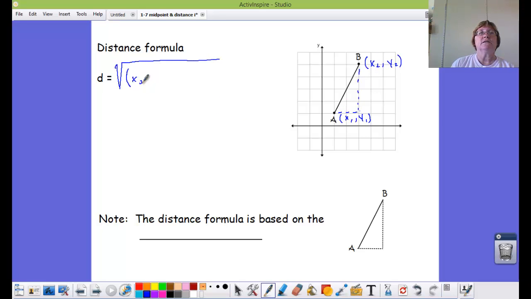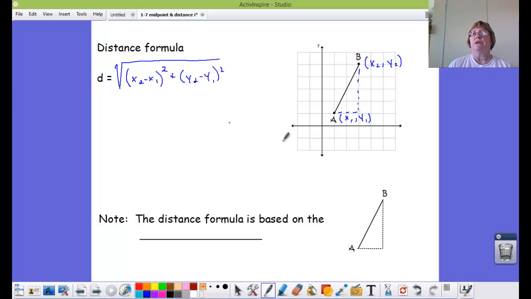That would be x2 minus x1, and the formula has a squared there, x2 minus x1 quantity squared. Then you do the same thing with the y's. To get from this y to this one, I would subtract y2 minus y1 and square, and then the formula says take the square root of all of that.